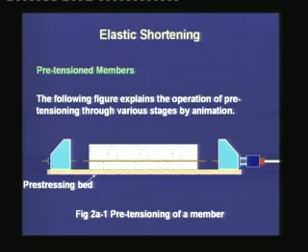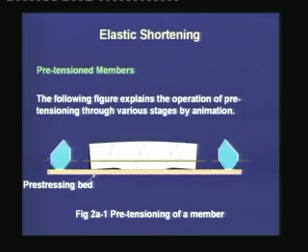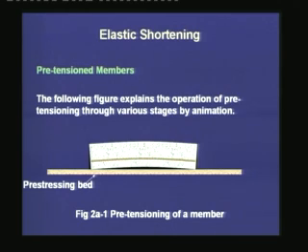Note this process carefully. As the prestressing is being transferred, this concrete member is reducing in length, and that reduction is called the elastic shortening.